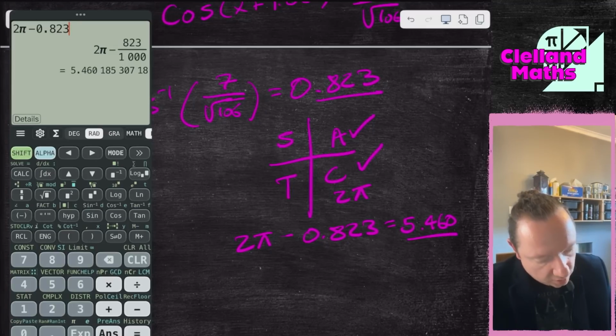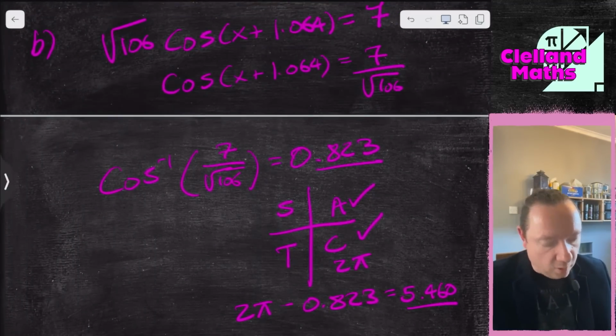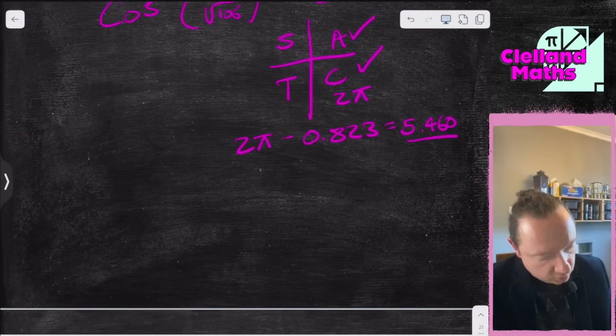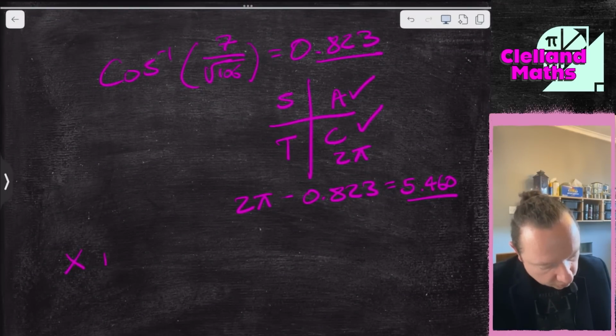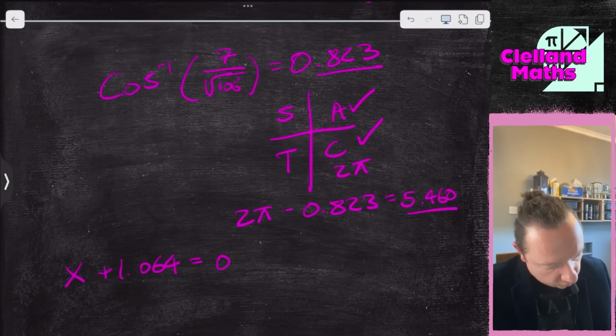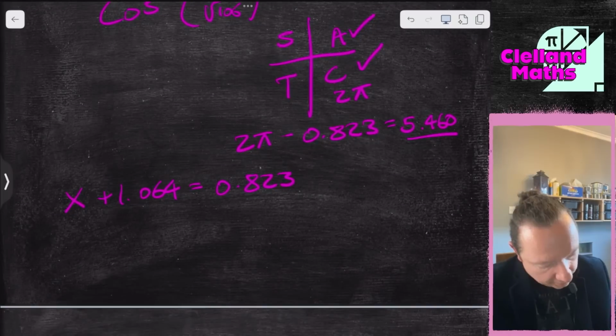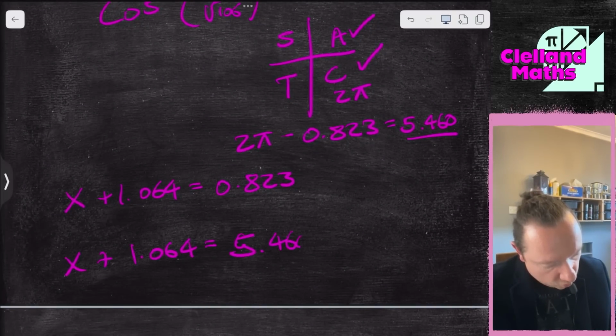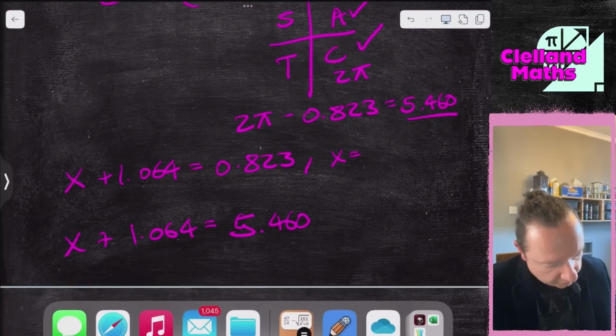So two answers to start with, but they're not my answers. It's got x plus 1.064. So I say x plus 1.064 equals 0.823. x plus 1.064 equals 5.460.